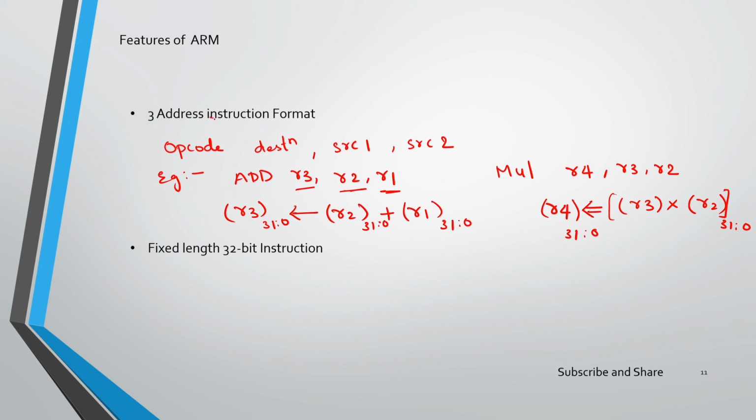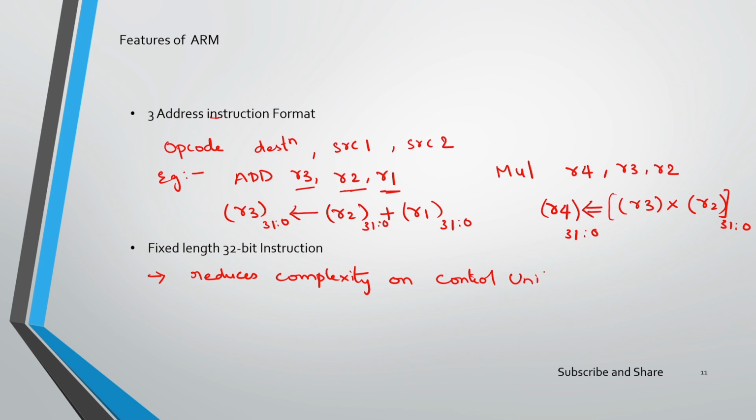And next is your fixed length 32-bit instruction. Having a uniform length instruction, the first thing is it reduces the complexity on the control unit.